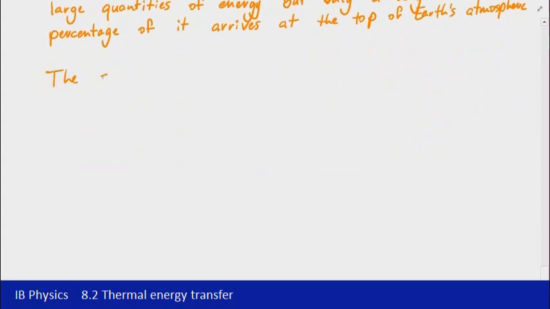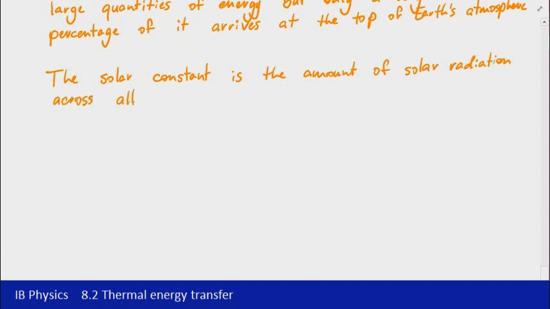So the solar constant, to explain a little bit more clearly what it is, is the amount of solar radiation, so all of the radiation from the Sun that reaches Earth, but we need to consider that it's across all wavelengths.